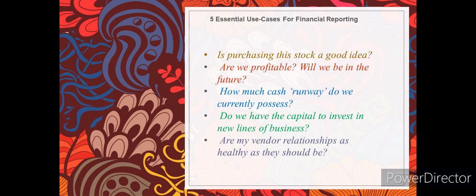Banks are not going to provide you a loan if they cannot see your financial position. By checking your financial position in this financial reporting, everything will be there, and they will be able to see whether you are able to pay back that loan or not.